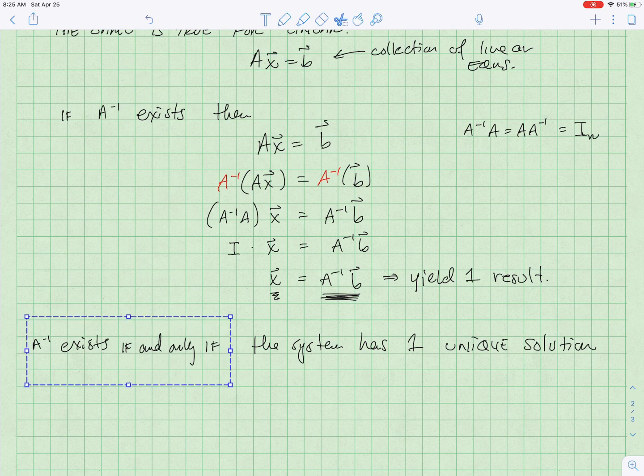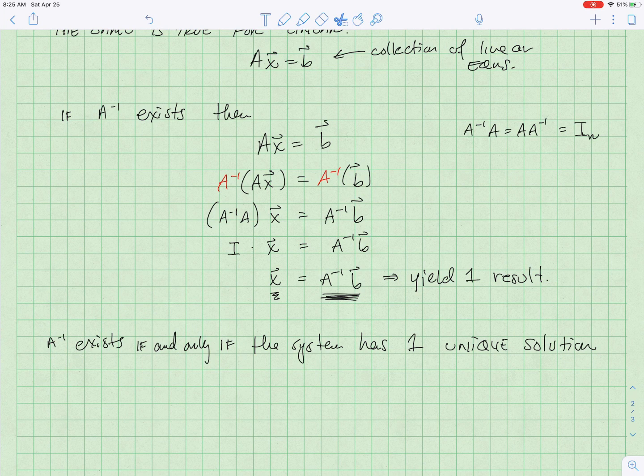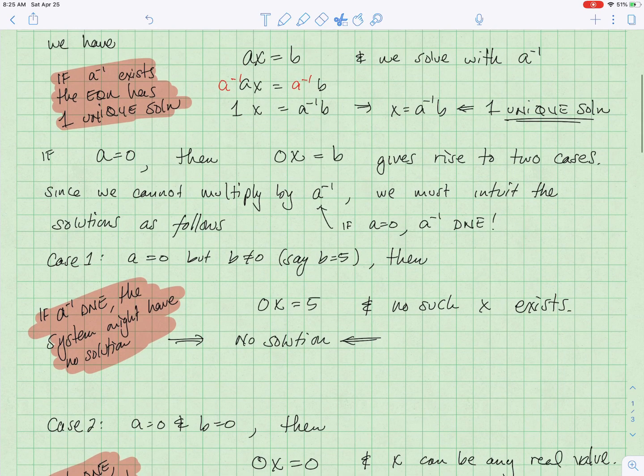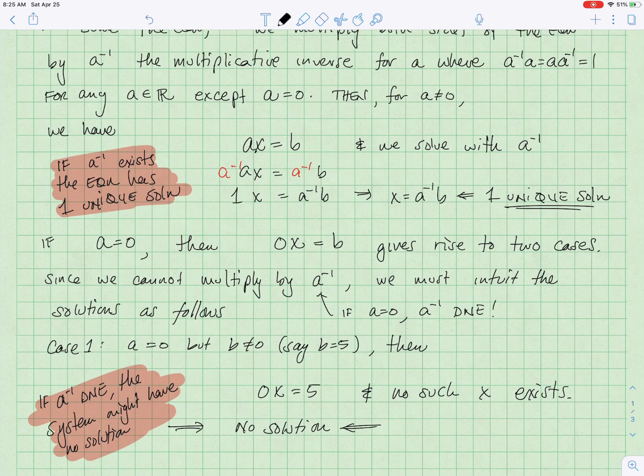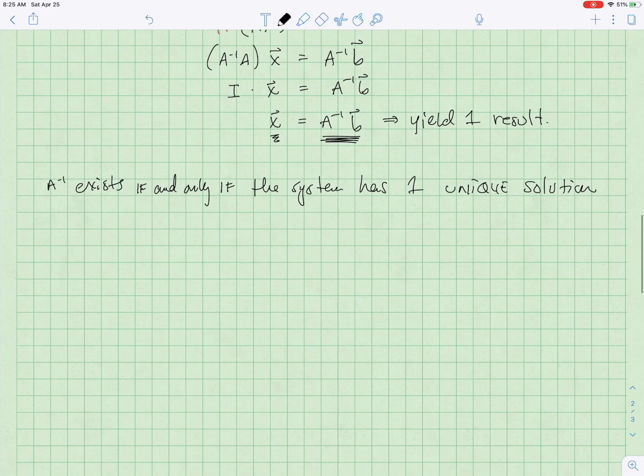So that statement goes both directions. If A inverse exists, then the system has one unique solution. And if the system has one unique solution, then A inverse exists. You can't have one without the other. And so that mirrors our first result right here, right? If A inverse exists, the equation has one unique solution.